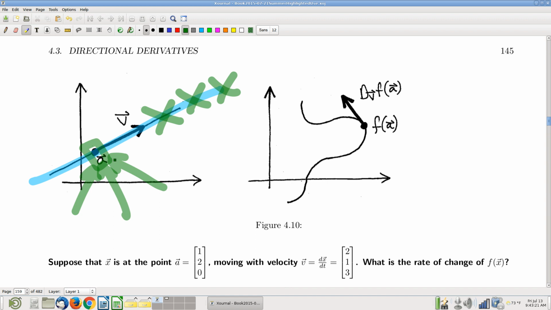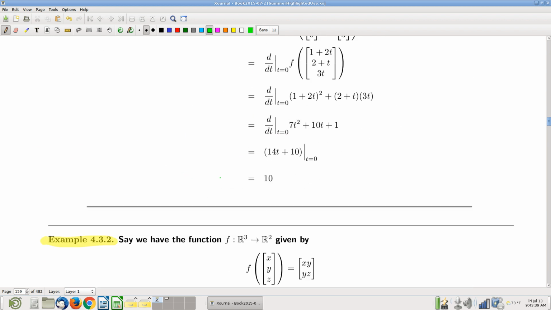But I'm at that point A, and we're at that point A when this function, I want that to equal that, and therefore t is equal to 0. So at the very end, you have to remember this derivative is being evaluated at the moment when t is equal to 0, so plug in t equals 0, and there you go, 10.